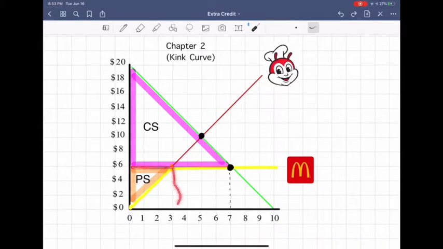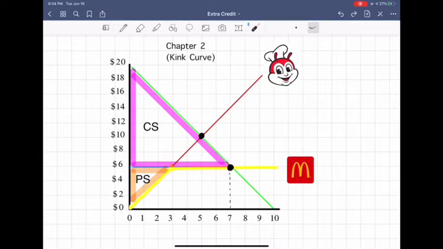This section implies that the first 3 fried chicken will be sold by Jollibee because it has lower prices, and the remaining 4 fried chicken will be sold by McDonald's. You will see that from number 4 to number 7, McDonald's has a lower price than Jollibee.